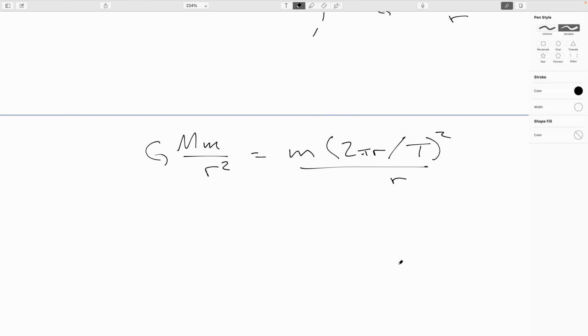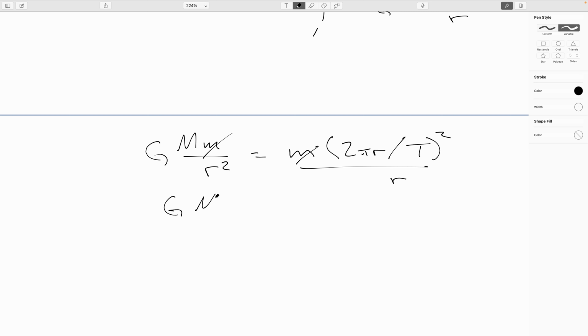So what we will end up with here is, well, we can cancel the little m's there, so it doesn't matter what the mass of the planet is. And by the way, this is sweeping under a rug the issue that we're basically pretending that the sun is stuck right in the center of the orbit. When you start extending this to things like moons orbiting planets, a more careful treatment will give you almost the same answer, but I'll tell you how to modify it if you need to.